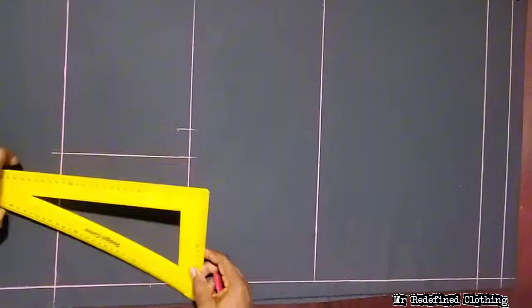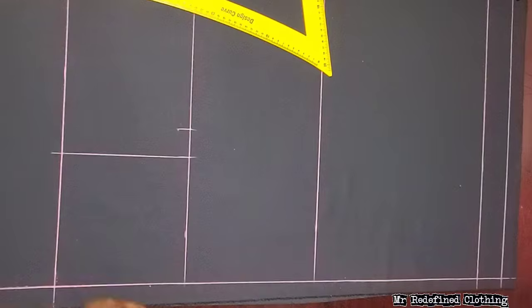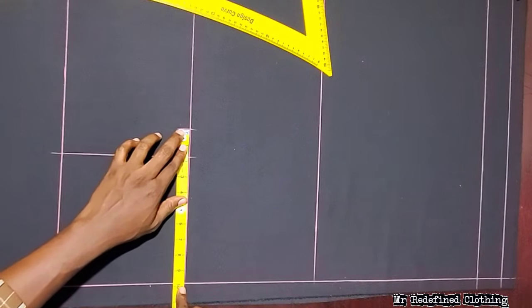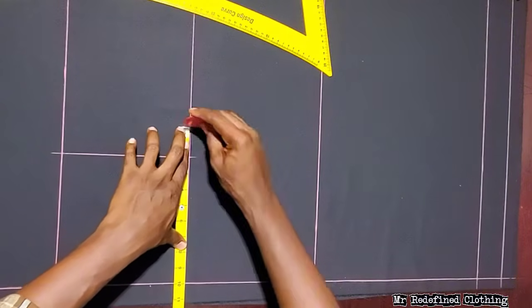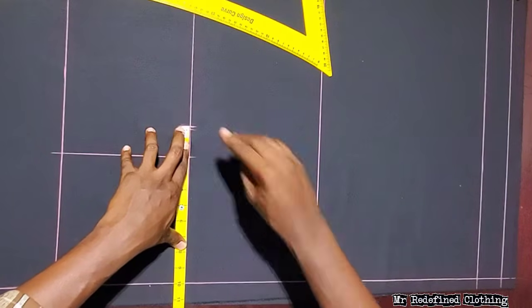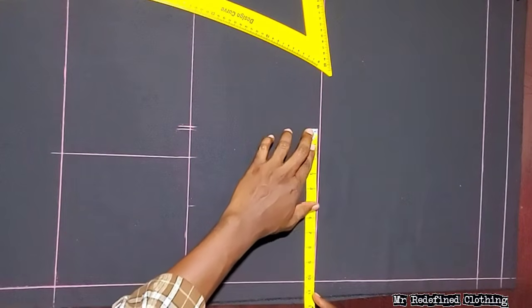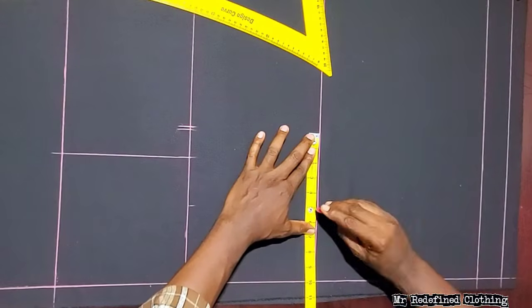Here you continue in this form, and then you measure the total inch here. This is almost 10, this is 9 3/4. So let's just call it 10. Then the midpoint is 5. So transfer the measurements all through to the knee line, 5.